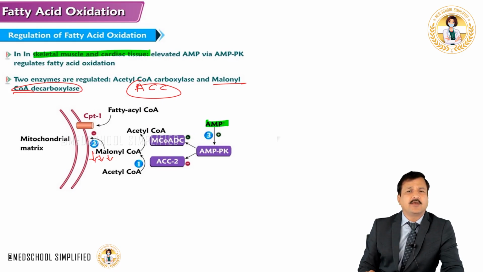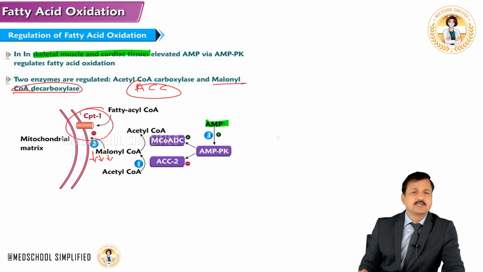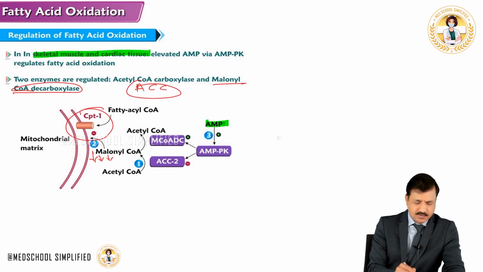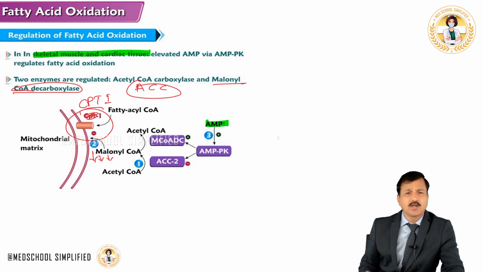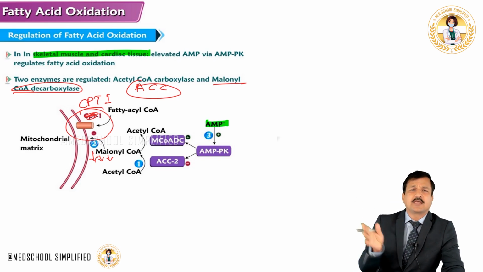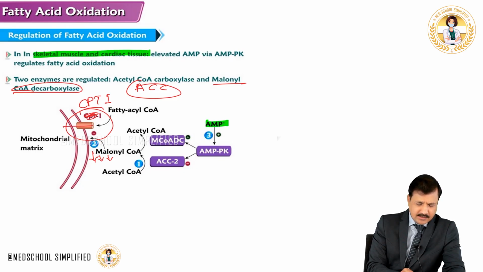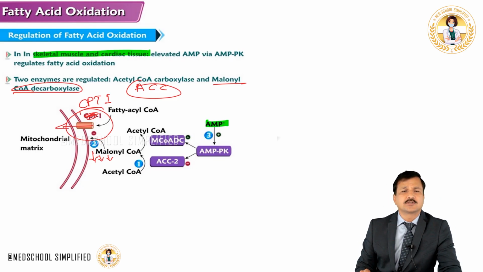When the malonyl-CoA levels are totally decreased, which is shown in the number 2 reaction here, its negative effect on CPT1 is not there. So the CPT1, carnitine palmitoyl transferase 1, negative effect is not there. So fatty acids are easily flowing into the matrix of mitochondria, and they will undergo oxidation to give energy needs of the skeletal muscle and cardiac tissue.